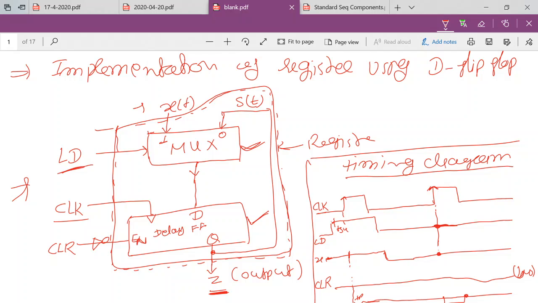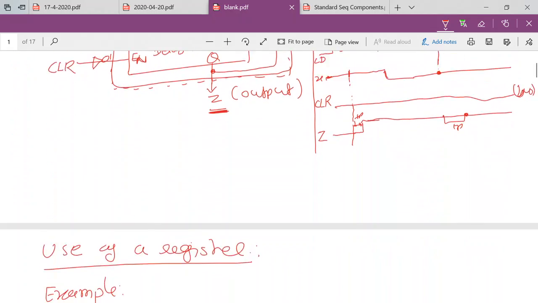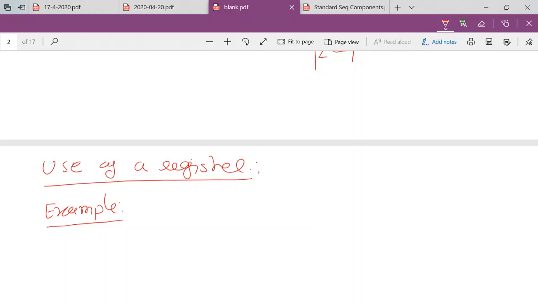That means you can use a register as a memory component to implement a sequential system. You can implement any sequential system using the register. We will consider this simple example to understand how we can do that.